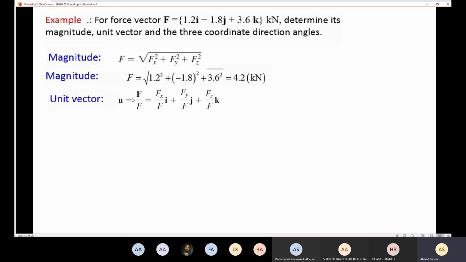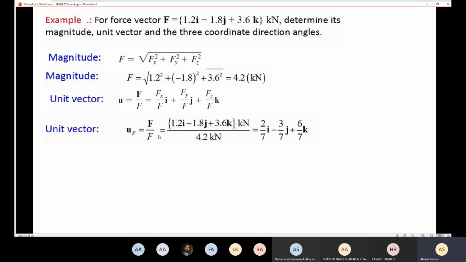So the unit vector equals the force vector over its magnitude. I will divide each term by 4.2. So the unit vector is going to equal this part over the magnitude, this part over the magnitude, and this part over the magnitude.